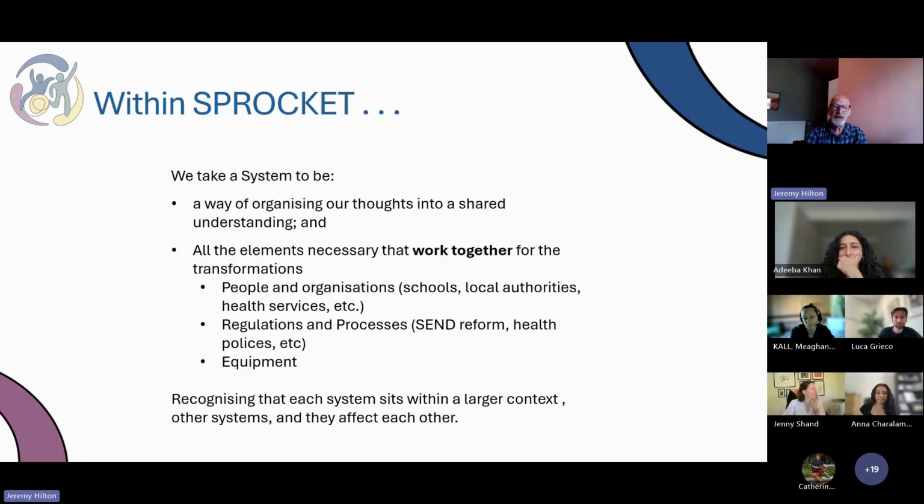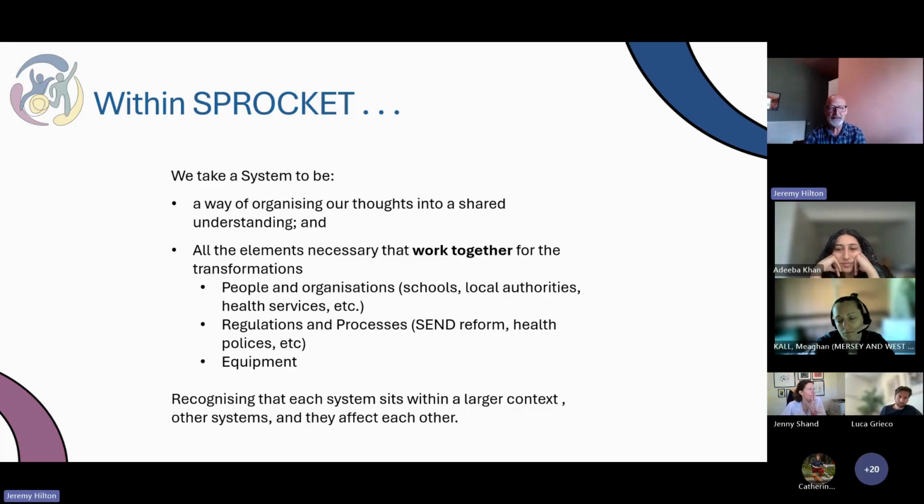But as you've mentioned, all the elements, they have to work together to achieve the transformations. And just some examples here of what has to come together is the people and organizations, the relevant regulations and processes. I think it's Joe who mentioned, well, where do regulations and rules come in?